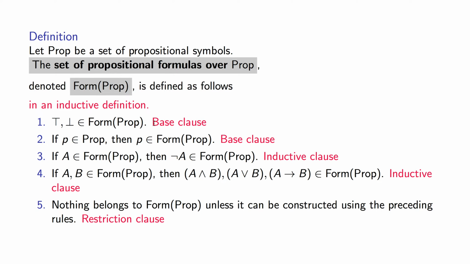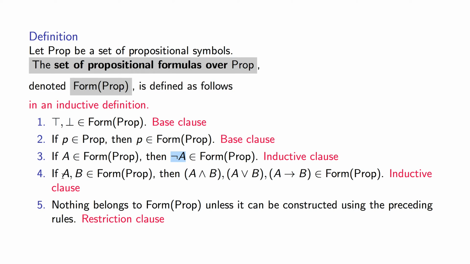In this definition, points 1 and 2 are base clauses. 3 and 4 are called inductive clauses. In the case of inductive clauses, we take a certain member of the set we are constructing, and we are using this member A to construct a new member, and we insist that the newly constructed member belongs to the set as well.